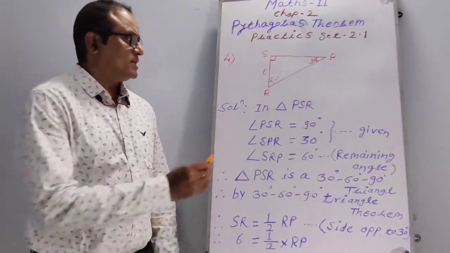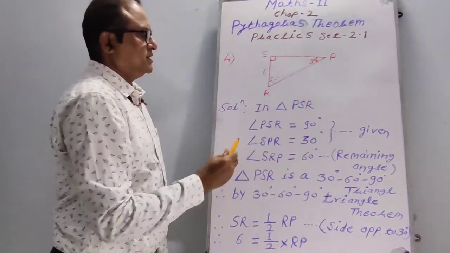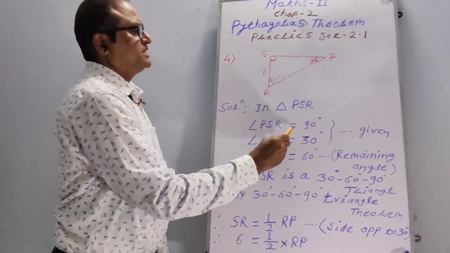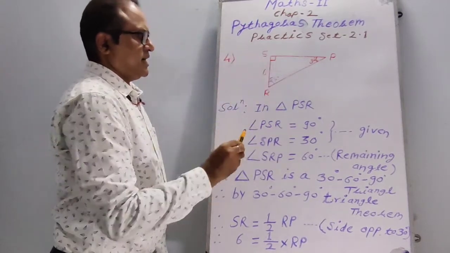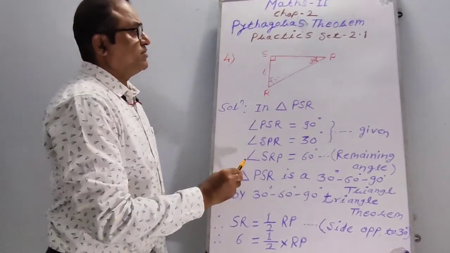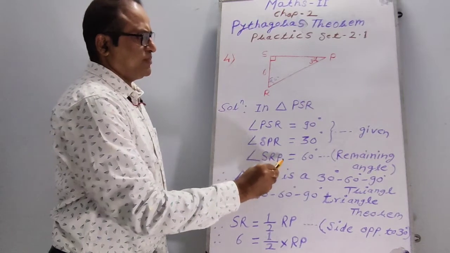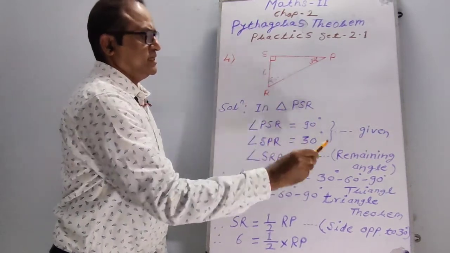Let's see. In triangle PSR, angle PSR is equal to 90, angle SPR is equal to 30. Therefore, the remaining angle, angle SRP, is equal to 60.